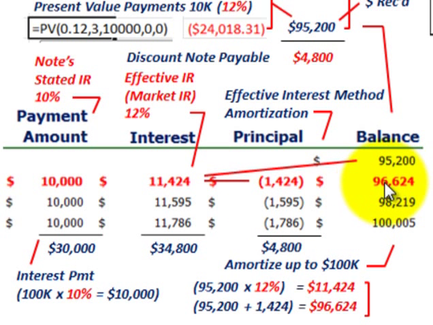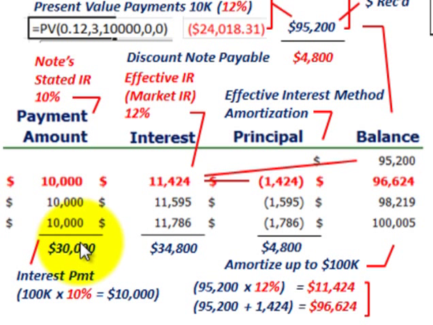Add that to your beginning balance, you're going to get your new balance, and just continue on amortizing it in that fashion. The actual cash payments that we made were $30,000, but the interest that we're going to have to recognize on this note on our income statement with the effective interest of 12%, or the market rate of 12%, is $34,800.